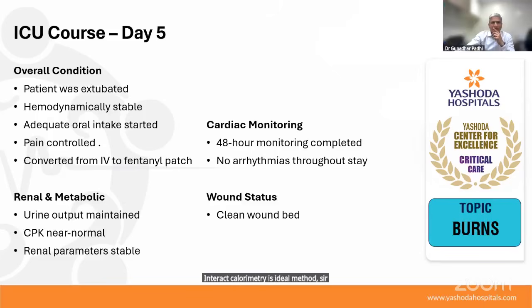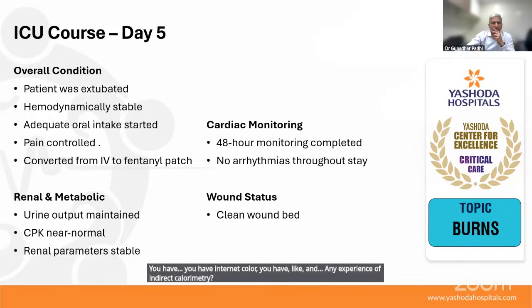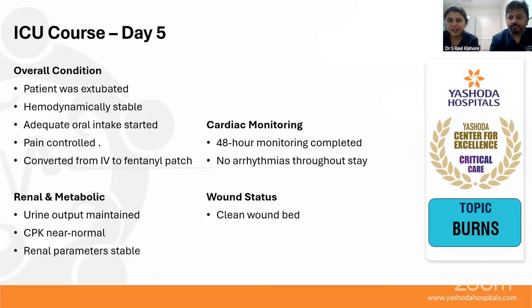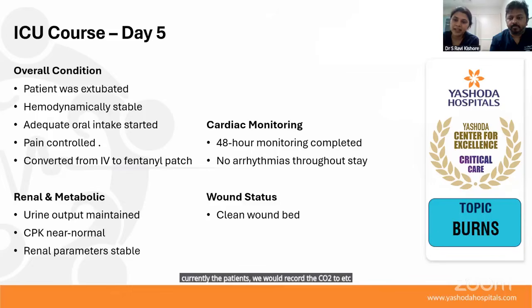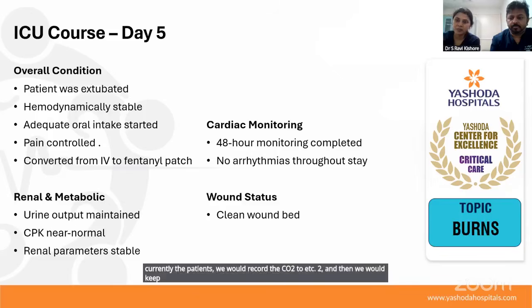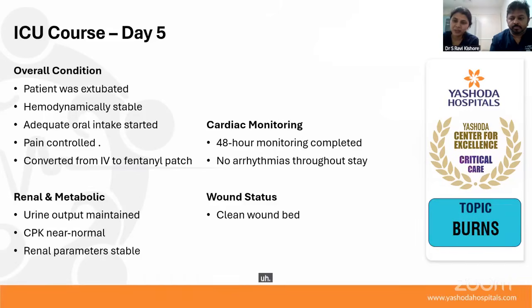Do you have any experience of indirect calorimetry for ventilated patients? For ventilated patients, we would record the CO2, ETCO2, and then feed it into some software, wherein we would get direct values, how much is required.